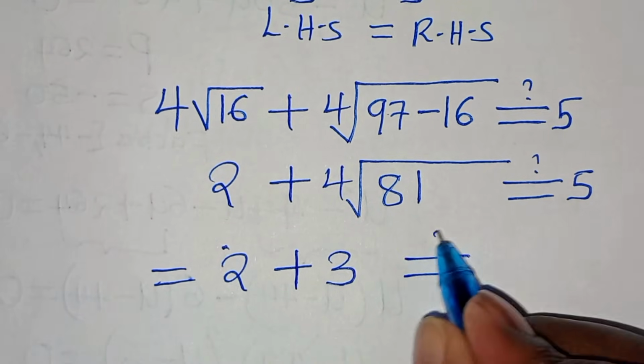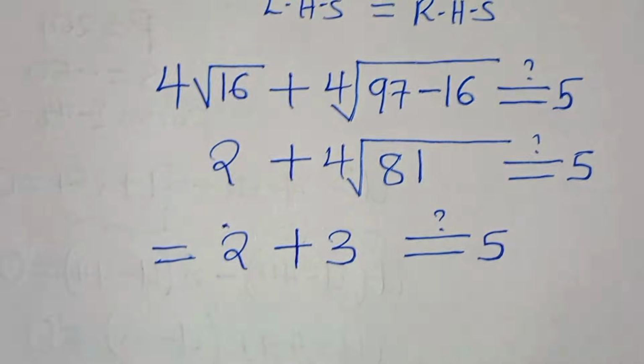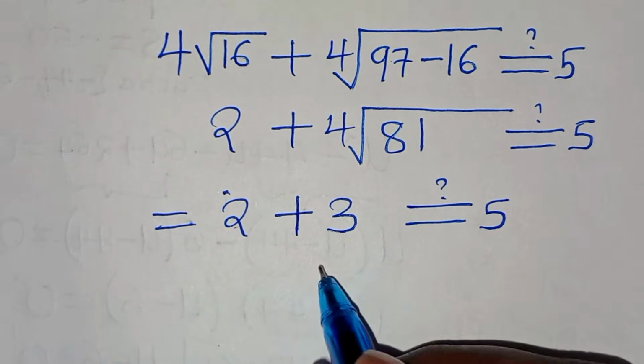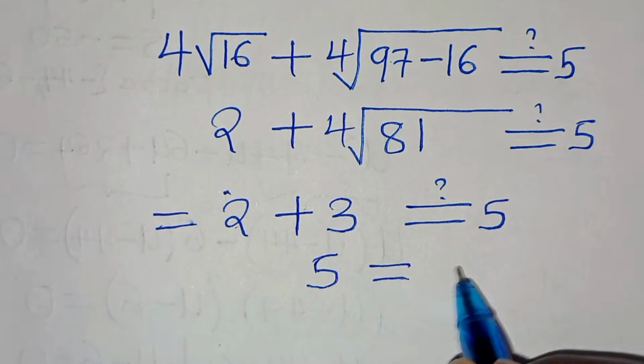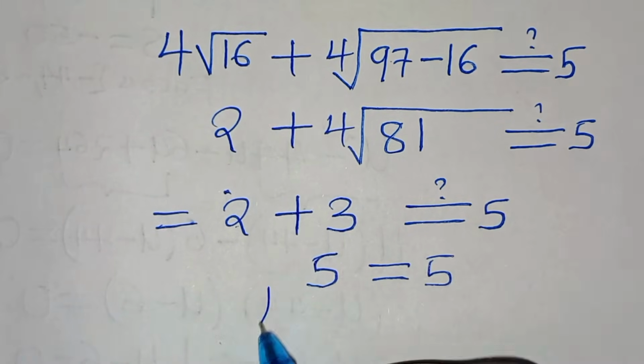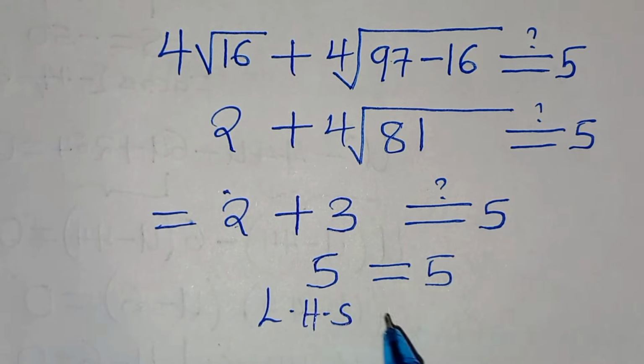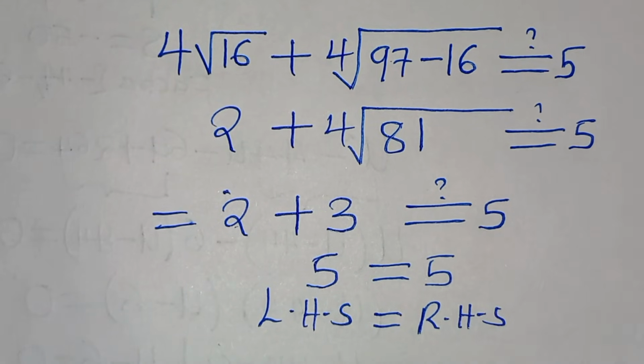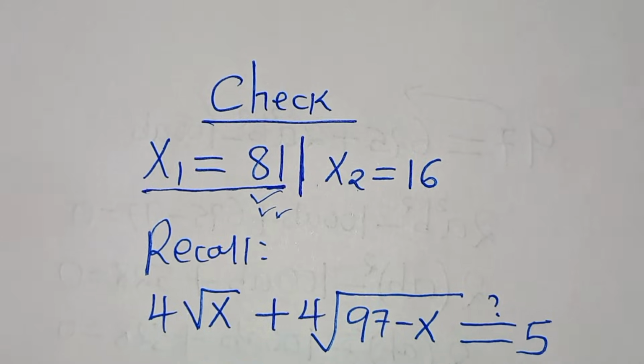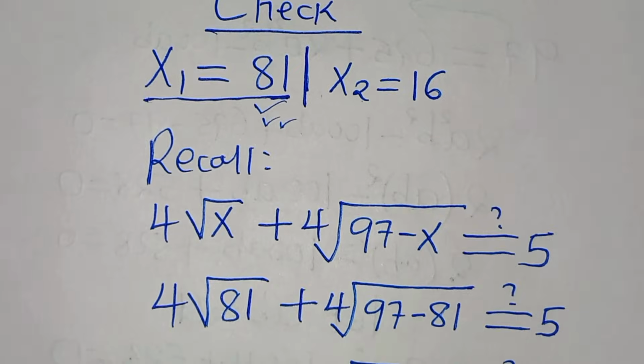So this is 2 plus 3, which is 5, which is equal to 5. So the left hand side is equal to the right hand side, and this affirms that both x1 and x2 satisfy the equation.